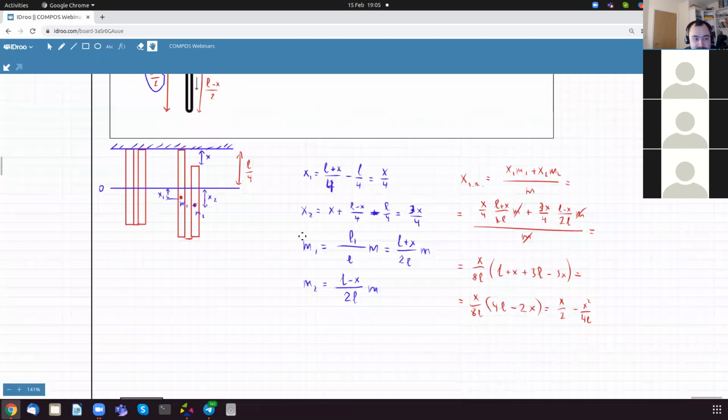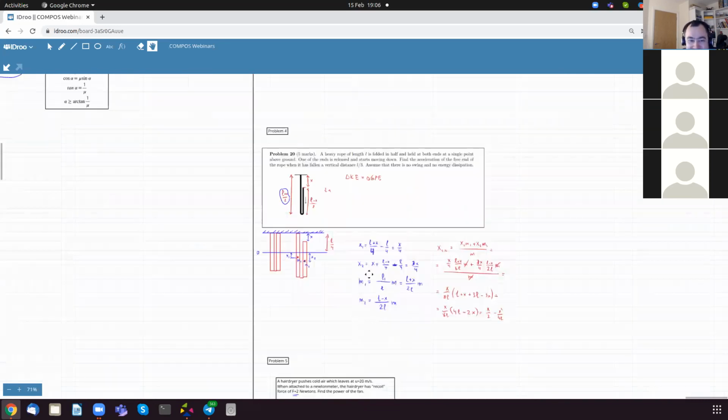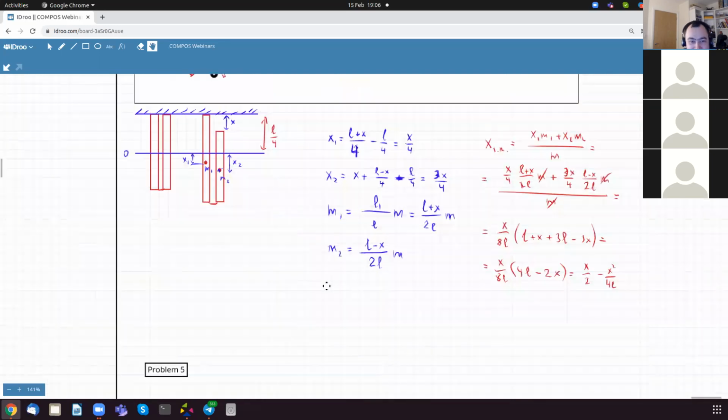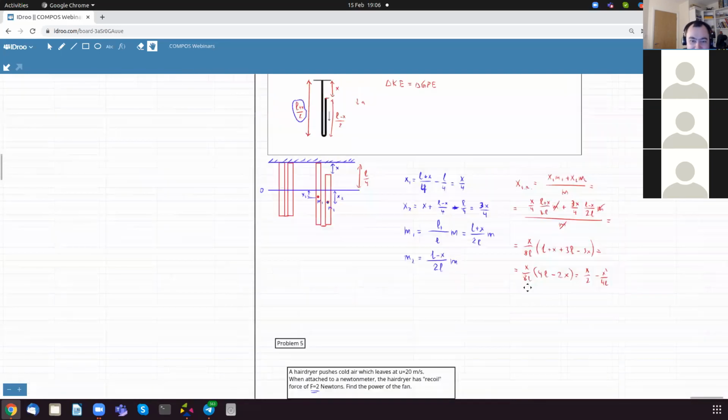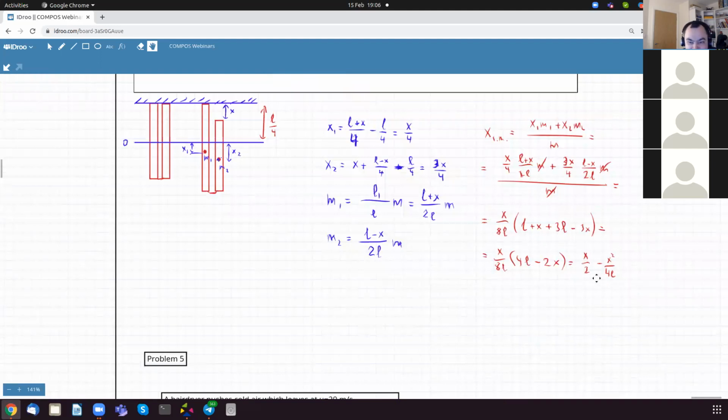So we see that if this end moves down by X, the center of mass shifts by this value. This might be just the hardest part of this question. It's very mathsy, something that's not very comfortable. But then you get an answer which makes sense.